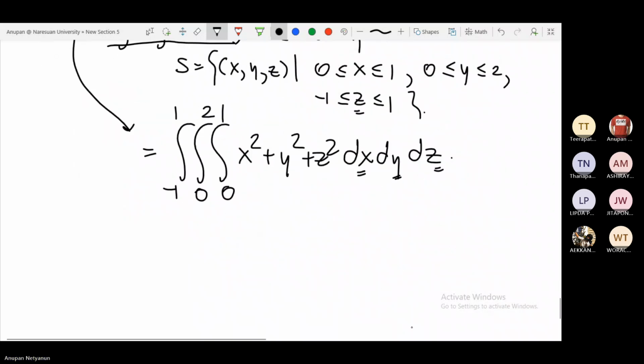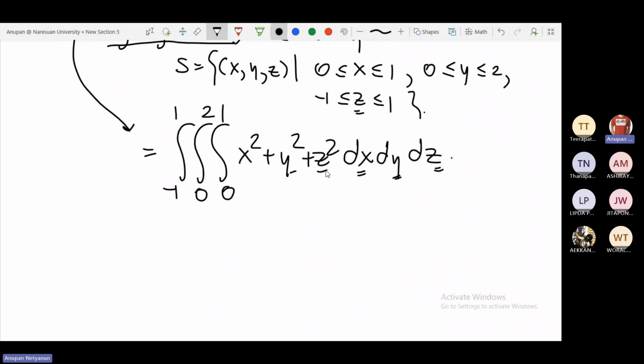So let's try to solve it. We do the integration with respect to x first.